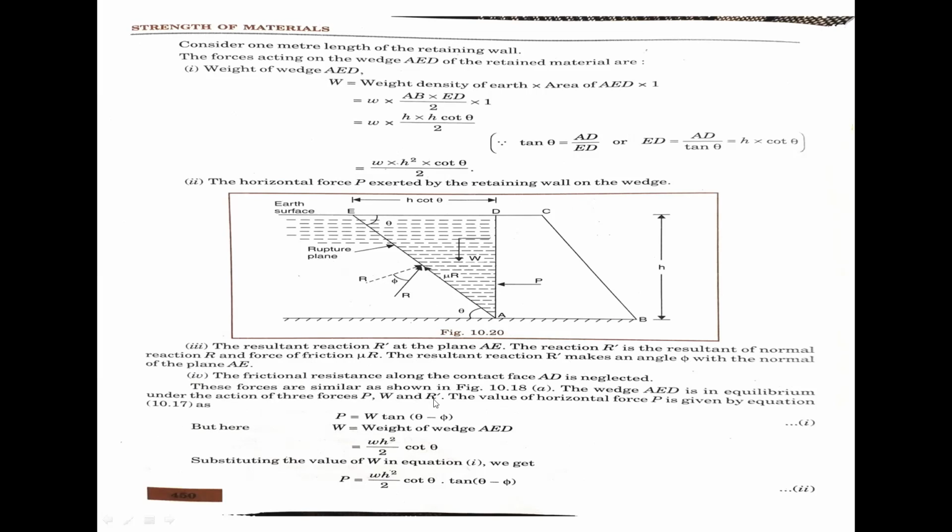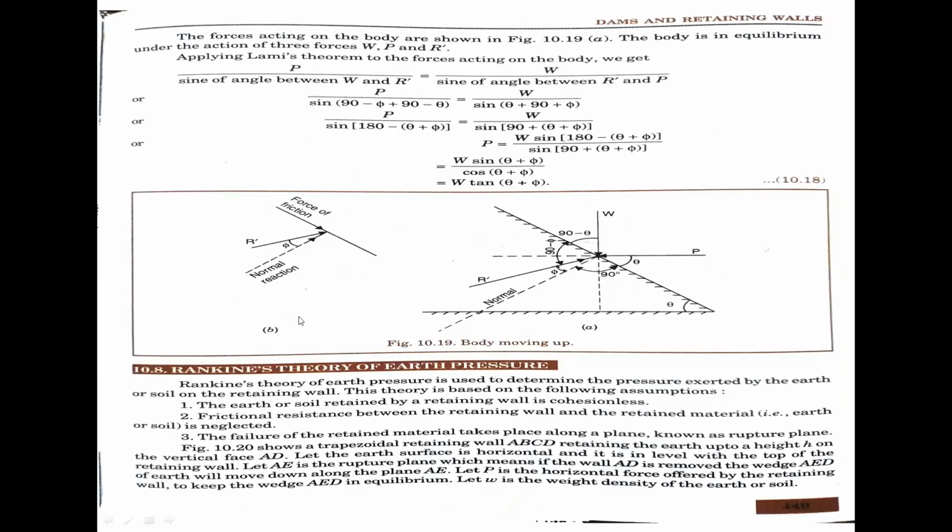The forces are as shown in figure 10.18. The wedge AED is in equilibrium under the action of forces P, W and R dash. The value of horizontal force P is given by equilibrium 10.17. See equations 10.18 and 10.17.